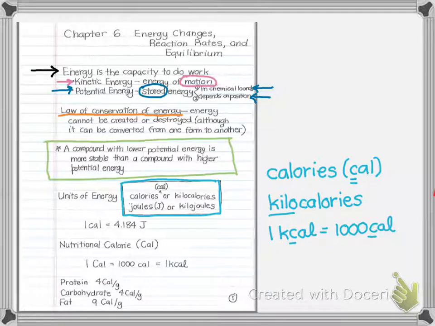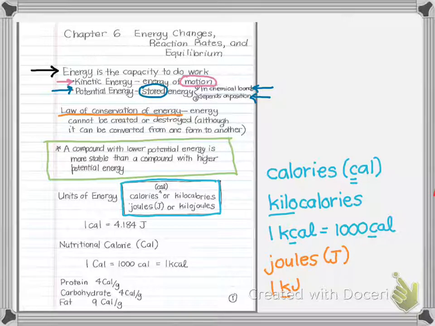Now the other unit that we have, the common unit, there's other units for energy, but these are the units that we'll be using. The other unit is joules, spelled like this, and the abbreviation for joules is a capital J. If we wanted a kilojoule, remember, kilo means 1,000.